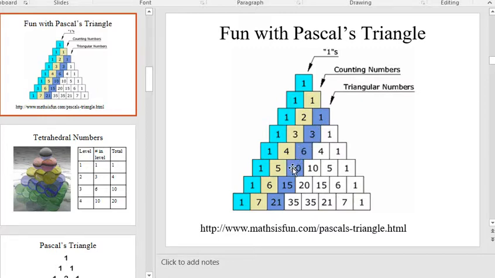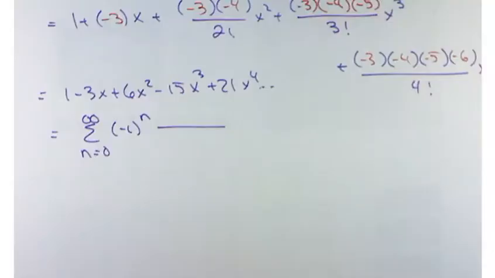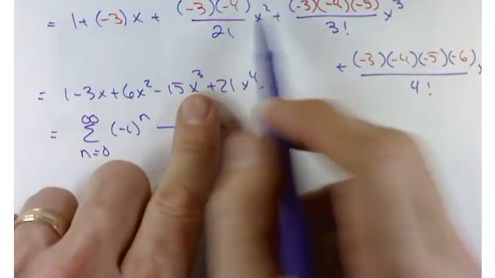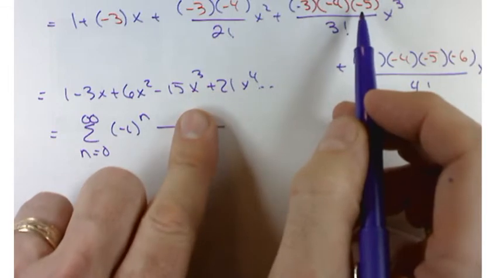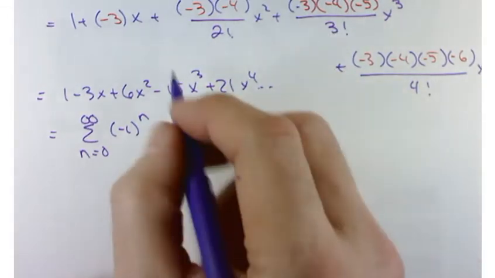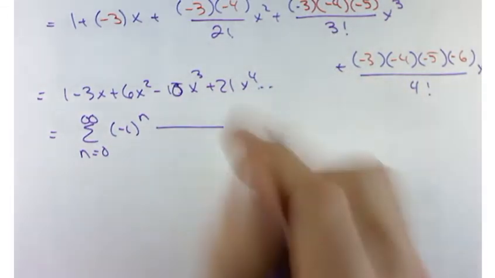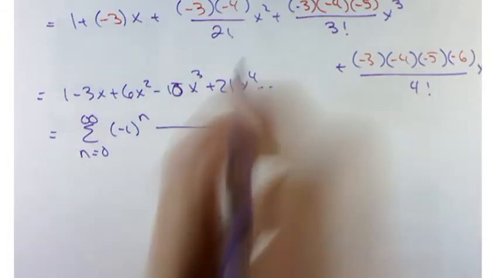Missing the 10 though. 15, 21. Oh, you know what? There's a mistake in my work. Oh, okay. So they are the triangle numbers. I just had a mistake here. That would be -60 divided by 6, which would be 10. So that'd be a 10, and then this would be the 15. So, my bad.